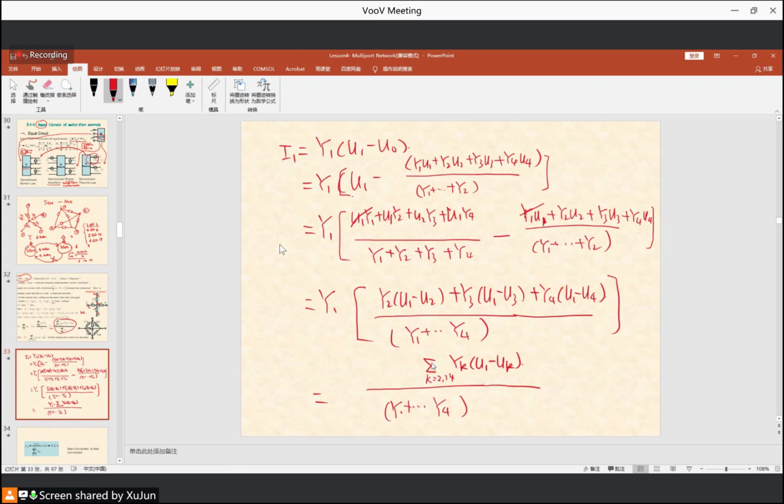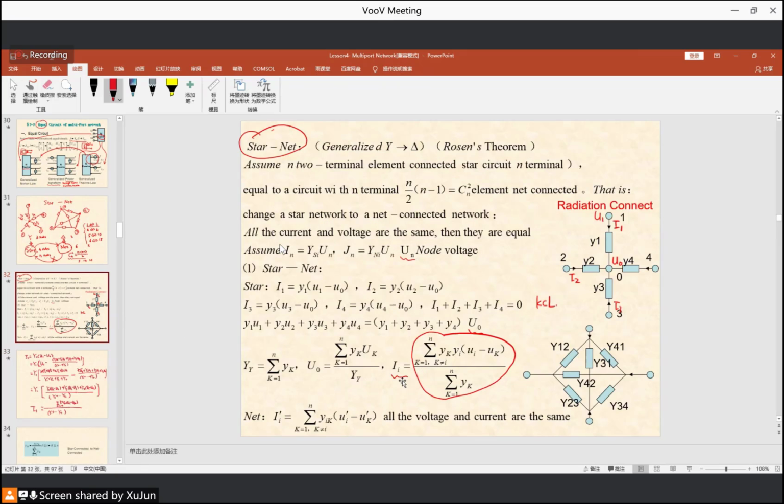So this I1 is expressed, just this expression.